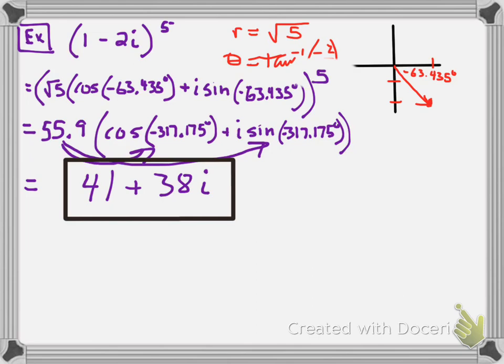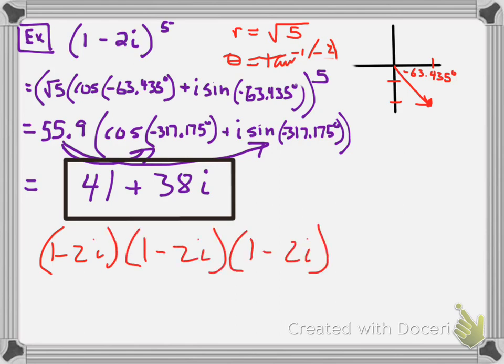That's what you would get if you multiplied 1 minus 2i times itself 5 times. And the chances of multiplying that out and getting all the i's collapsed correctly and not making any arithmetic mistakes along the way are pretty slim if you're doing that expansion.